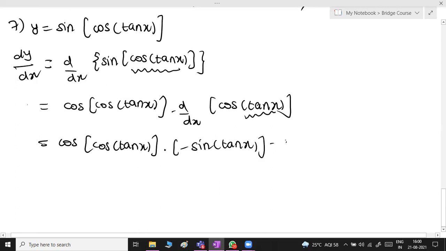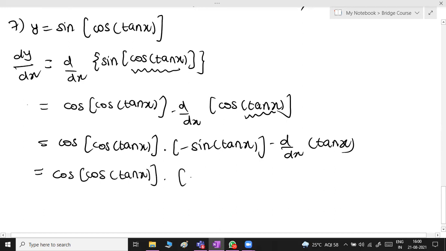In this step we have to differentiate this also. So differentiation of tan x. Here this remains as it is, into this also remains as it is, into what is the differentiation of tan x? It is going to be sec square x.